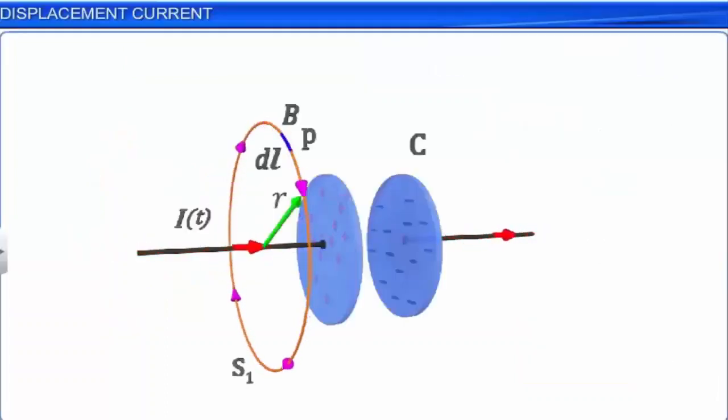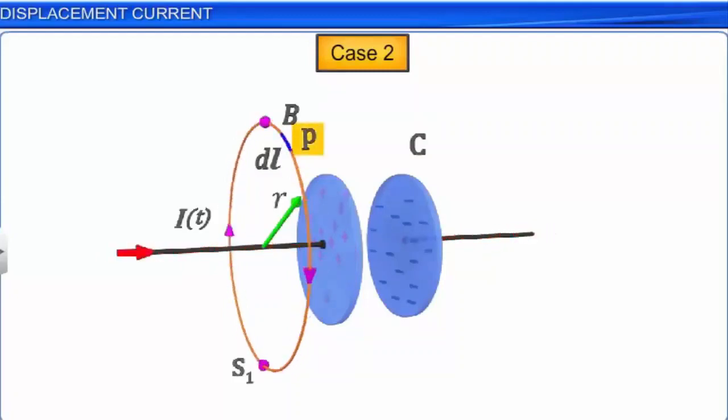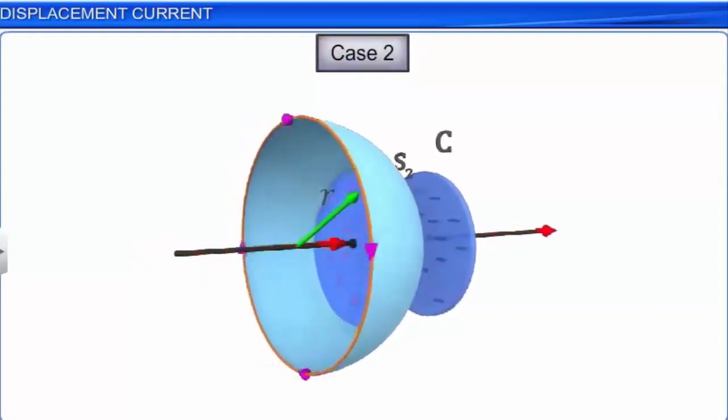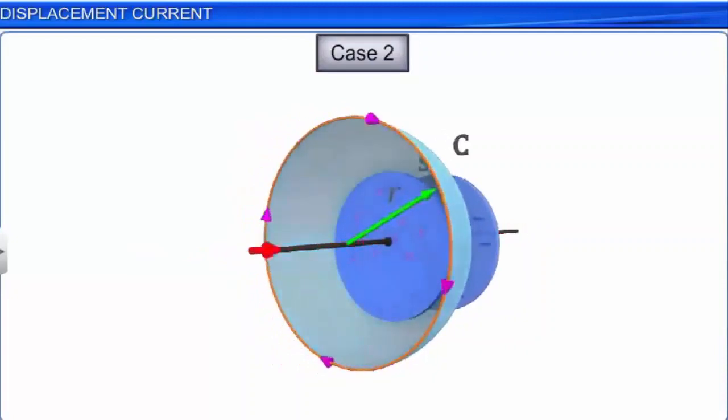Now, as a second case, consider another surface to calculate the magnitude of the magnetic field at the same point P using Ampere's law. Consider a surface S2 in the shape of a cup such that the bottom surface of the cup lies between the plates of the capacitor and the open surface of the cup coincides with the circular loop taken in the first case.